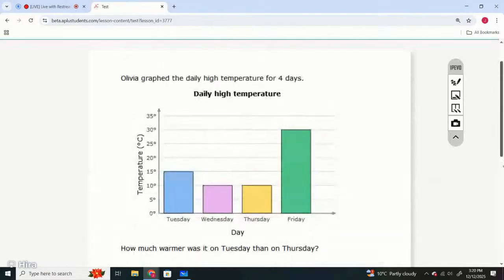Okay, the next one is Olivia's graph of 4 days.